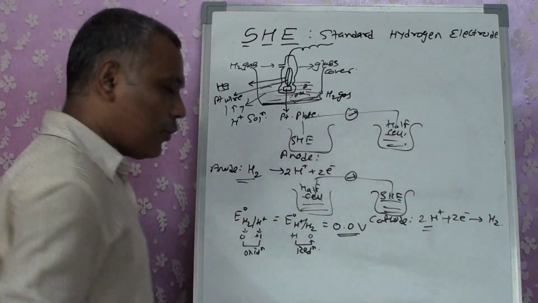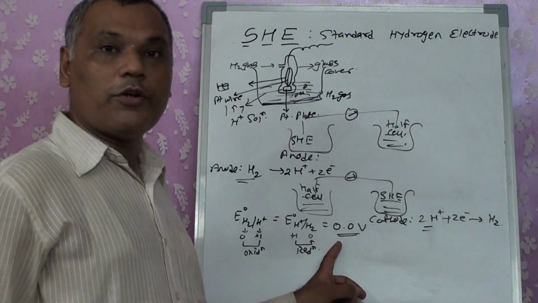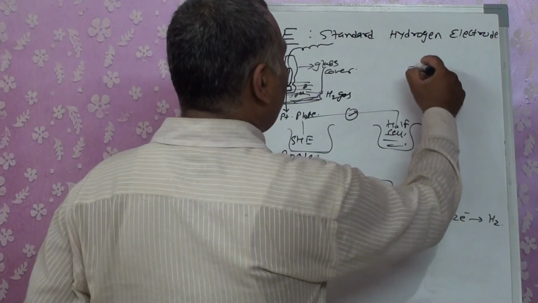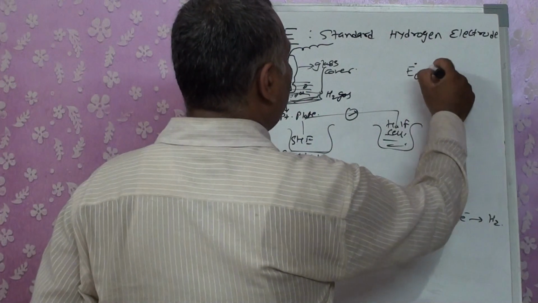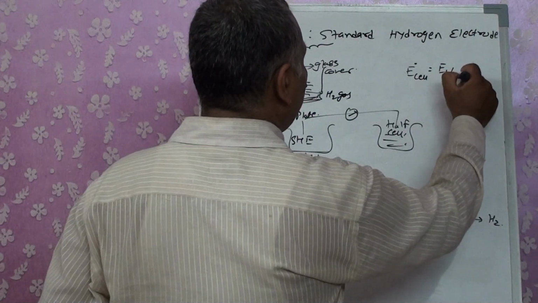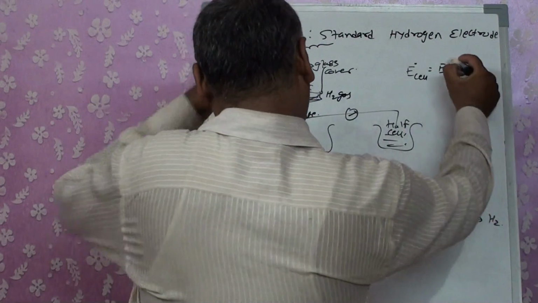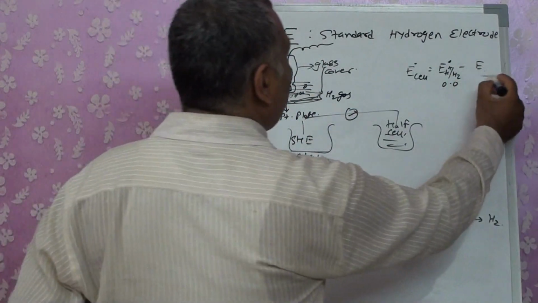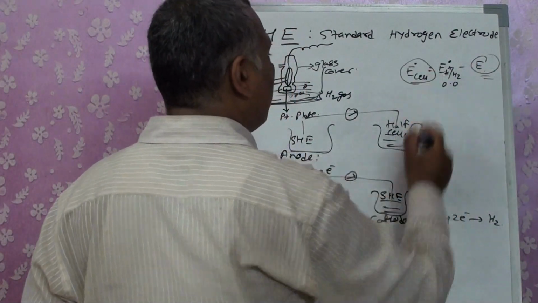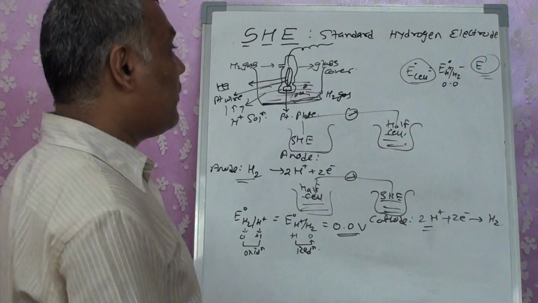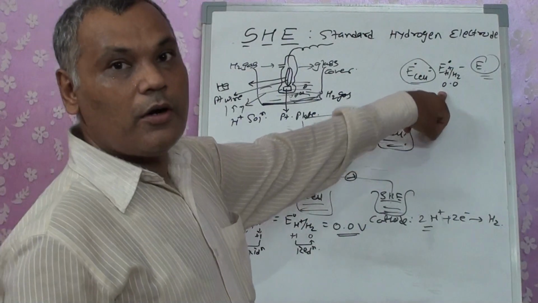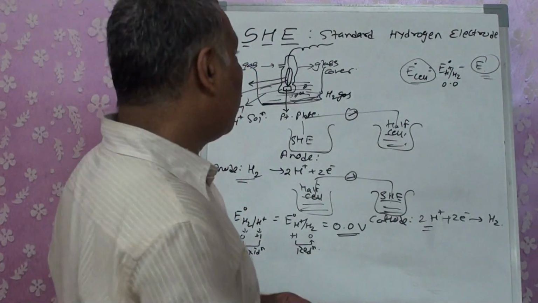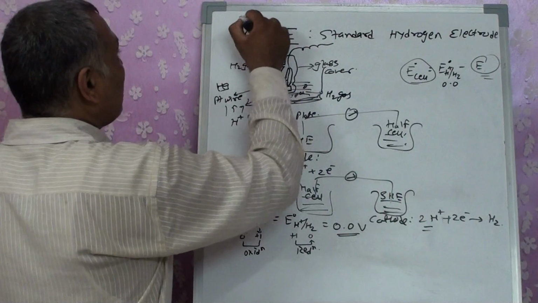Because of it, whatever difference we get, if I calculate E naught of cell with H plus H2 minus any other cell, this value becomes 0. So whatever potential I get is the potential of the whole cell. That means I can calculate the potential of any given half cell by connecting it with another half cell. So this is considered the reference electrode.